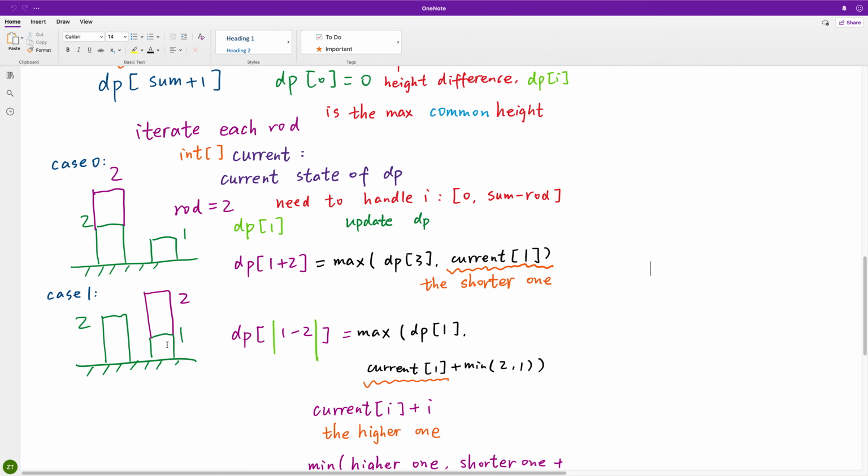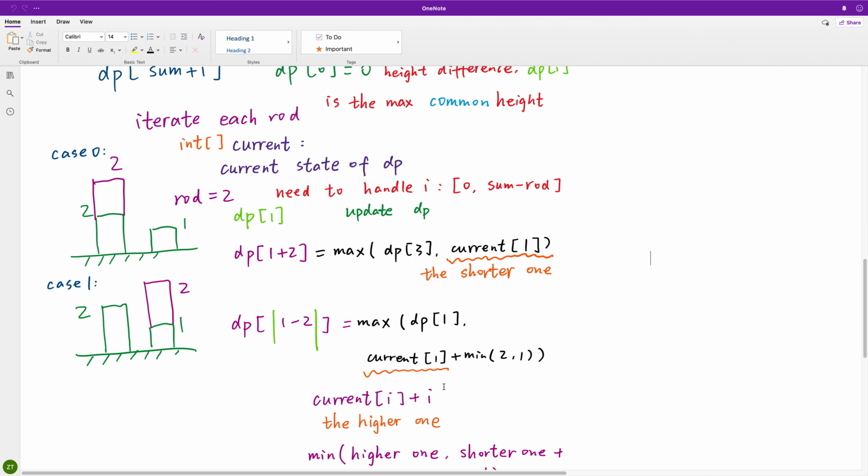So why does it matter? And what should we update? Because when we add it to the shorter one, we should update the distance minus the road, whichever is larger. We don't know whether the higher one is larger or the shorter plus road is larger.